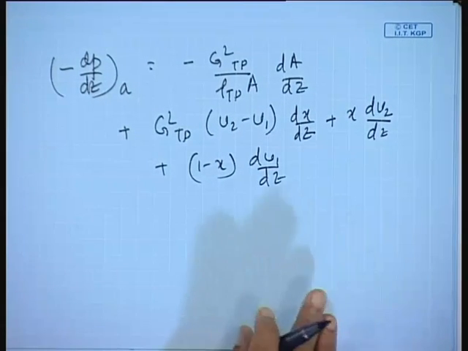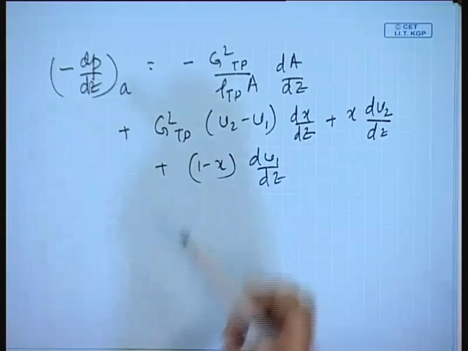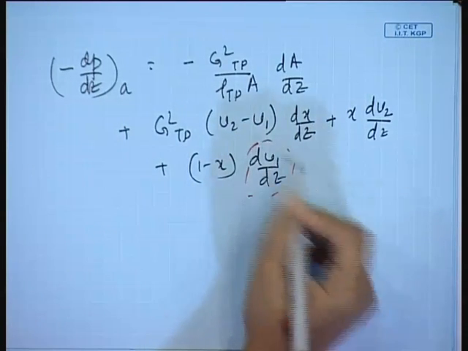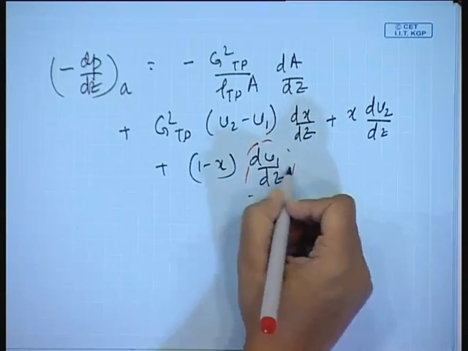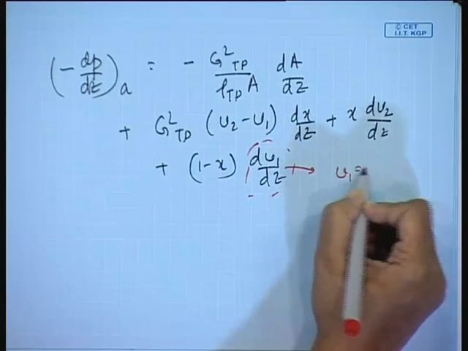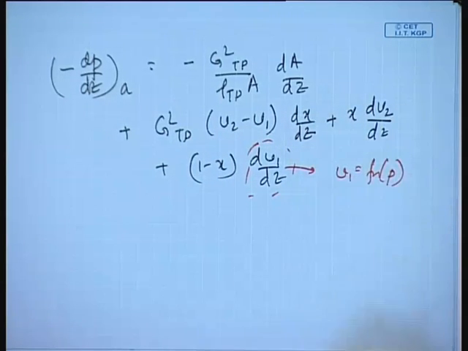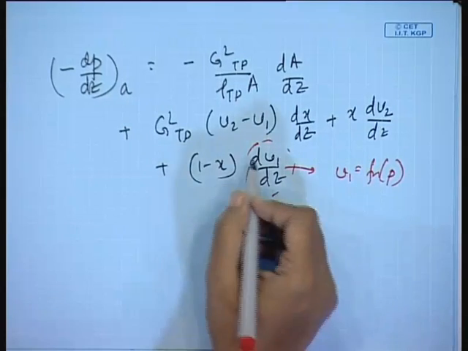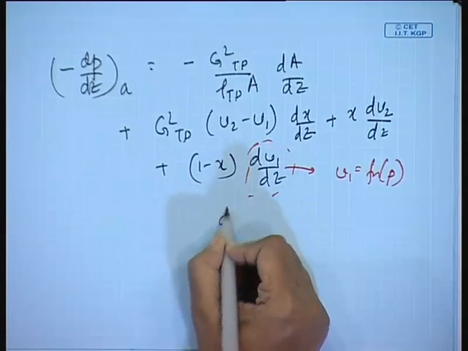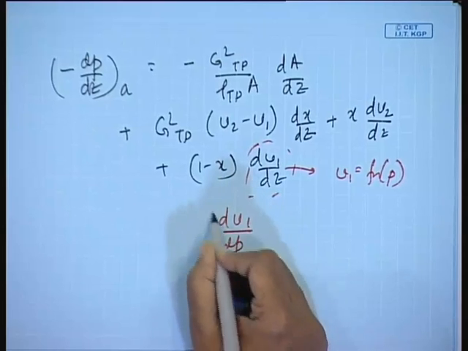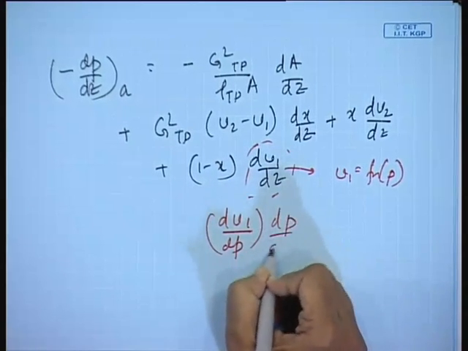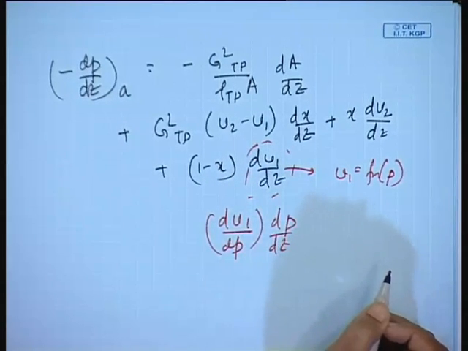Now, in this expression you see why is this particular v1 varying with z? It will vary only if v1 is a function of pressure. So, if that is so, then this can be written as dv1/dP times dP/dz, yes or no?